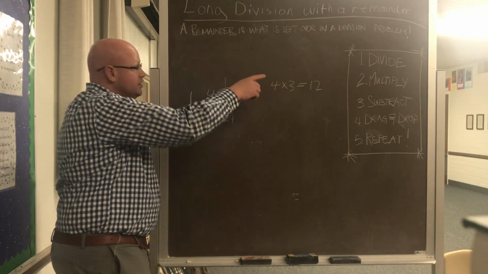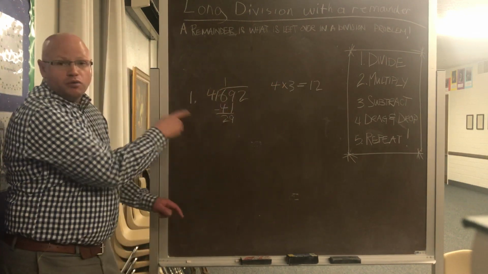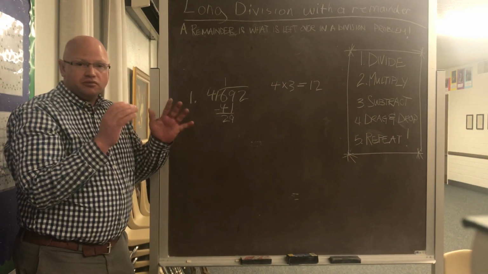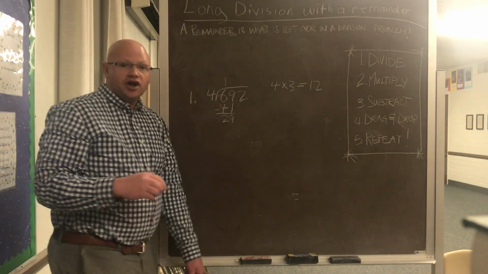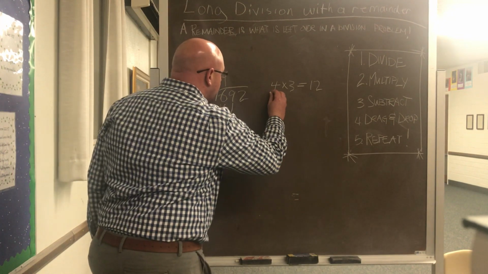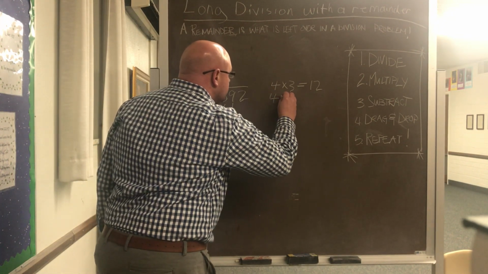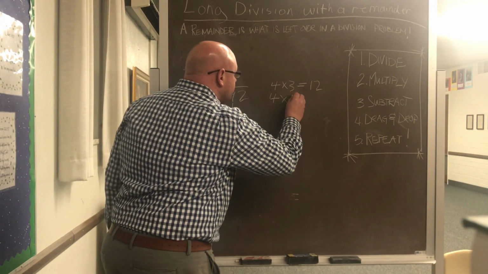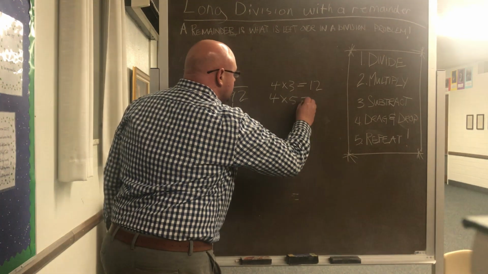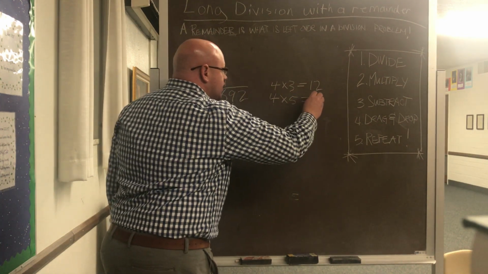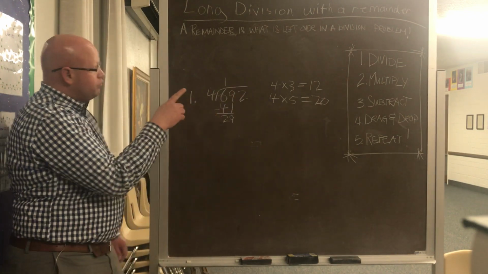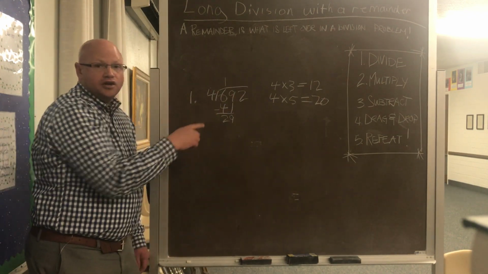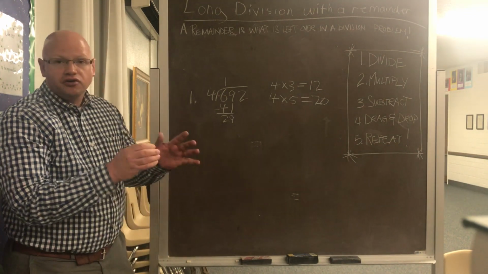So 12 can go into 29, but there's a gap between those numbers. So let's try another one. Let's try 4 times 5. 4 times 5 equals 20. And 20 will go into 29, but still there's a little gap.